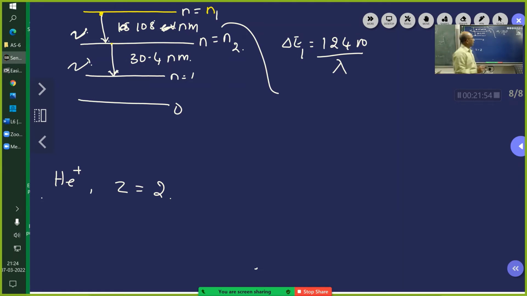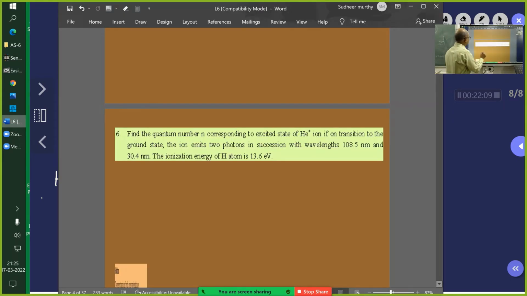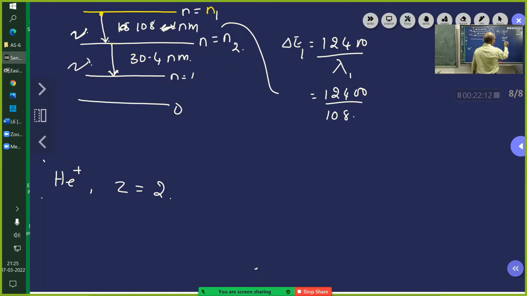So in this case, what will you write here? 12400 divided by lambda 1, which is 108.5, and then I will get the value in electron volts. No, see, it should be angstrom.